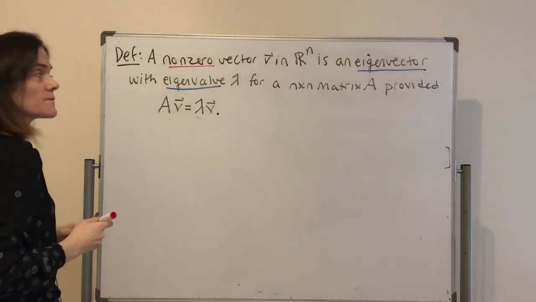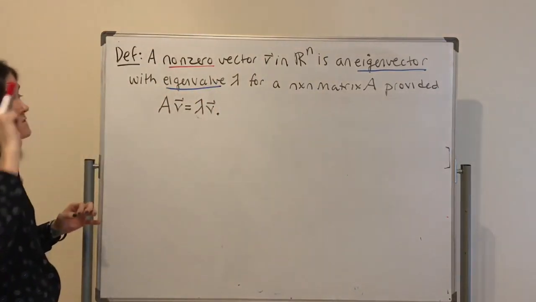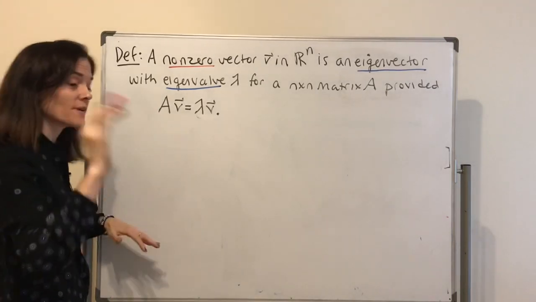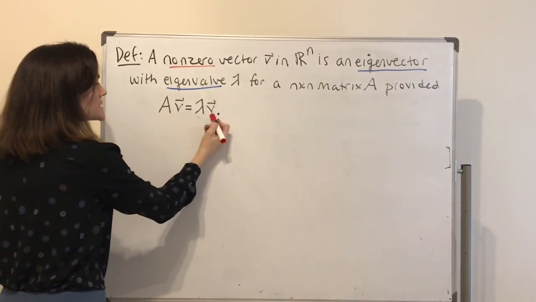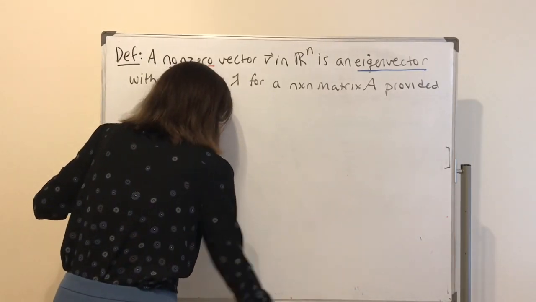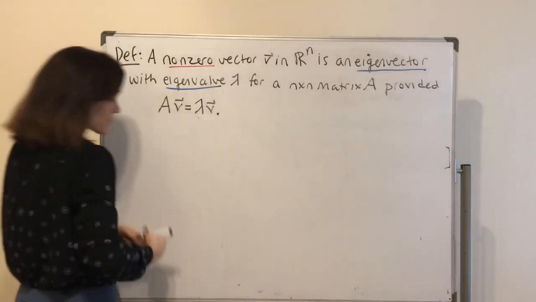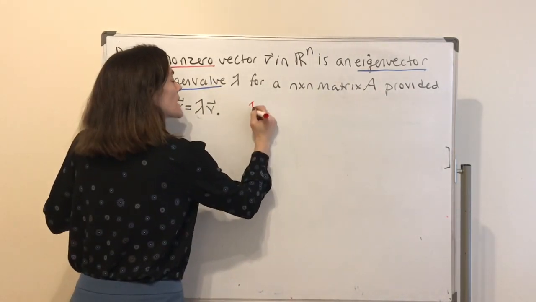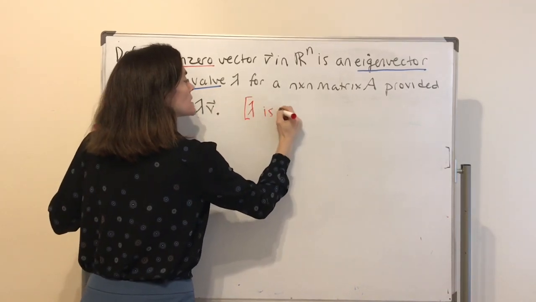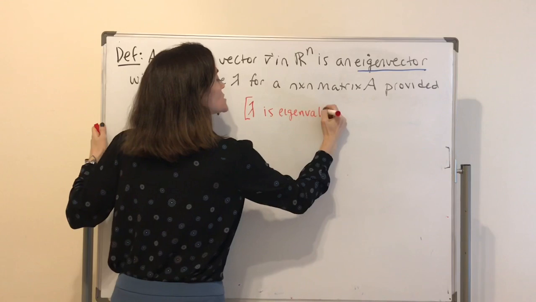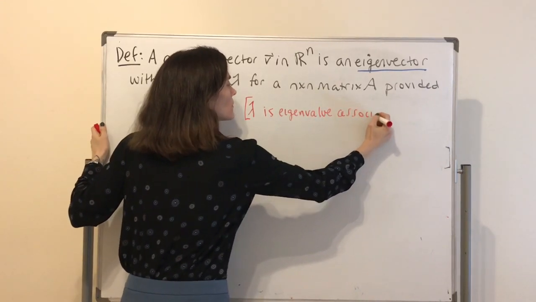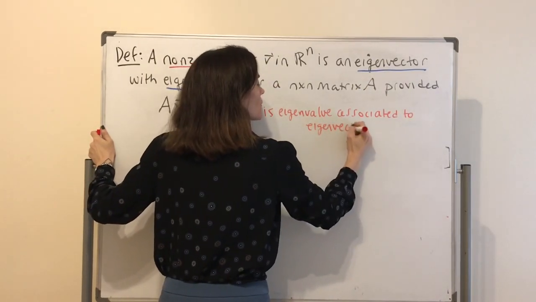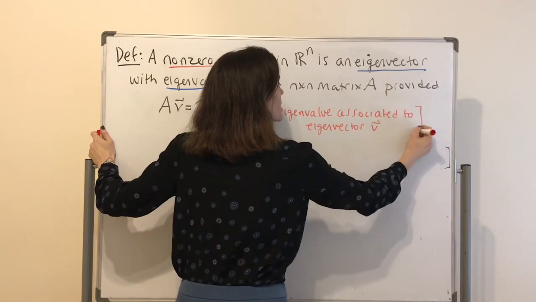A non-zero vector V in Rn is an eigenvector with eigenvalue lambda, where A is an n by n matrix, provided A V is lambda times V. These are matched together, so we in fact say that lambda is the eigenvalue associated to the eigenvector V. This is part of the terminology.